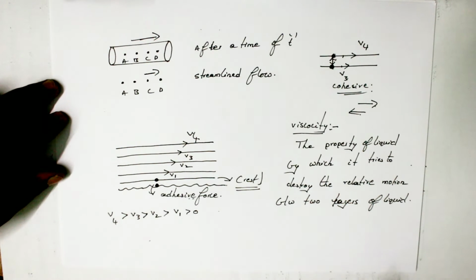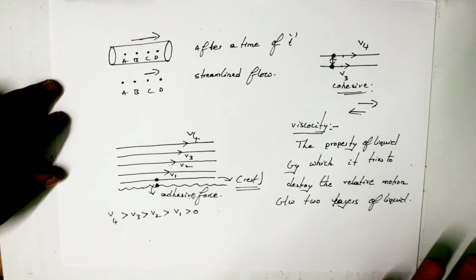So viscosity is the property by which it tries to reduce the relative motion between these two layers of liquid.